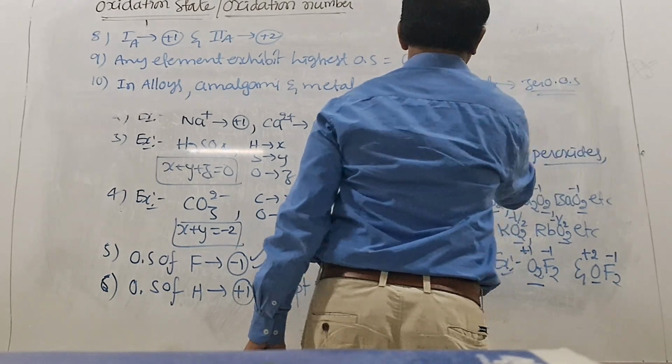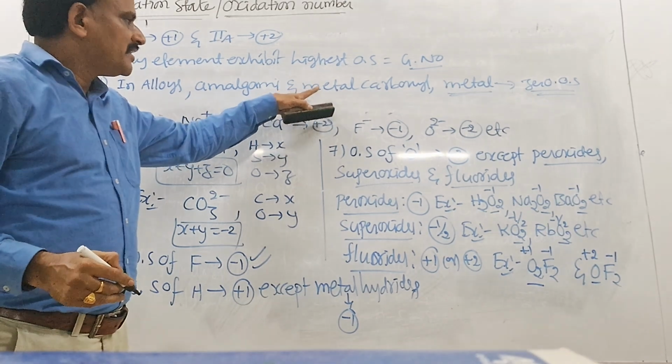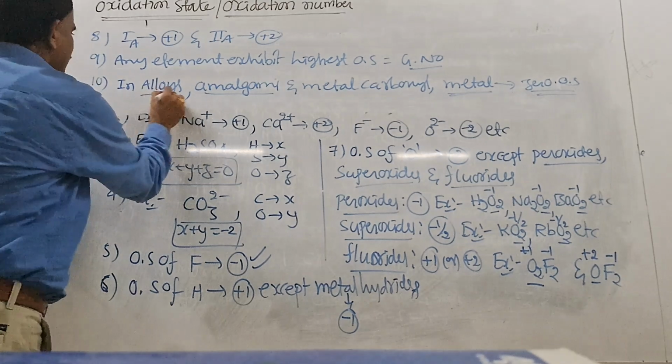Keep in mind, any metal carbonyls, very important in second year coordinate compounds: the metal exhibits 0, as well as amalgams 0, alloys also 0.